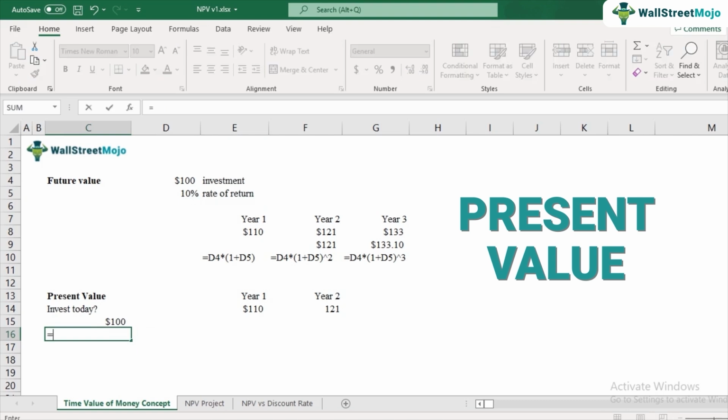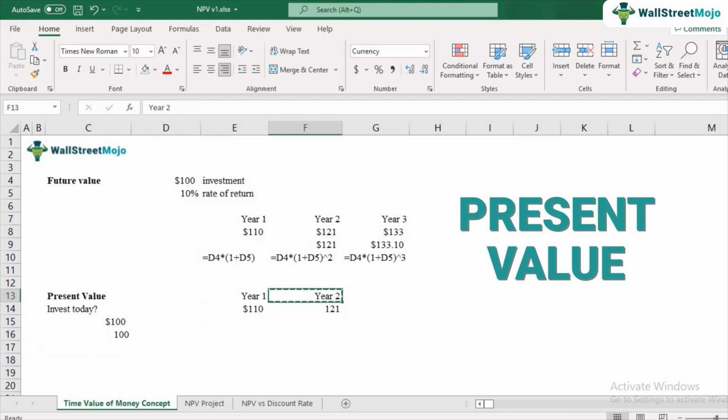The formula will be like this. You divide this value 121 divided by 1 plus 10%. And here you remember to the power of 2. Since this is at the end of 2 years, you need to divide this twice, right? So to the power of 2. So here you get $100 again.